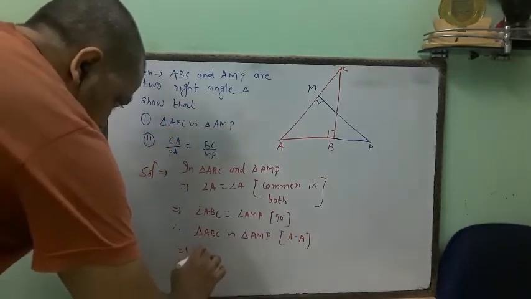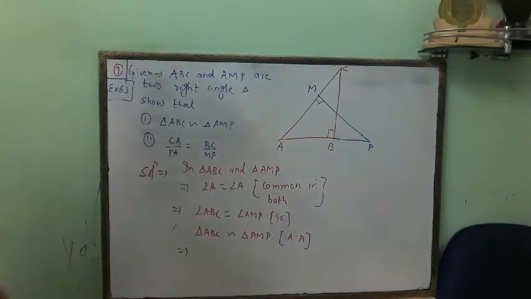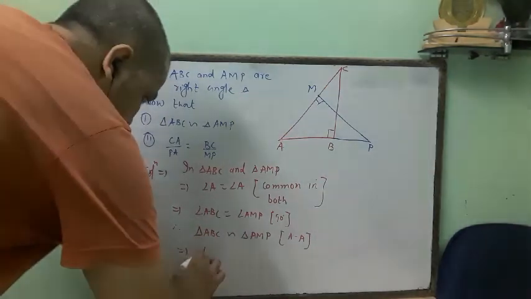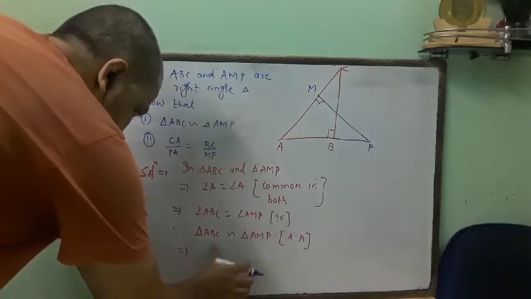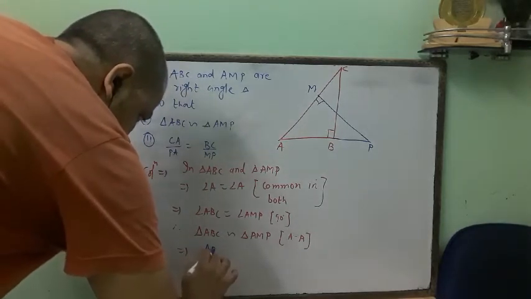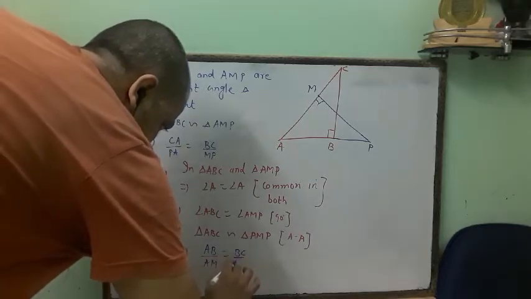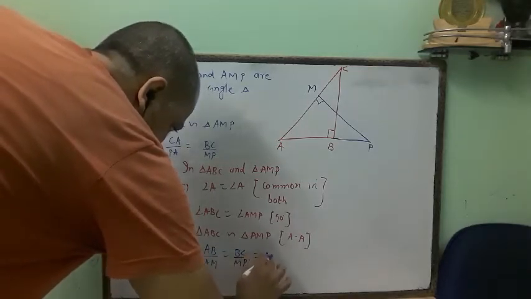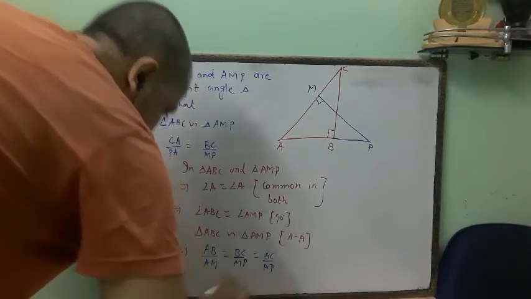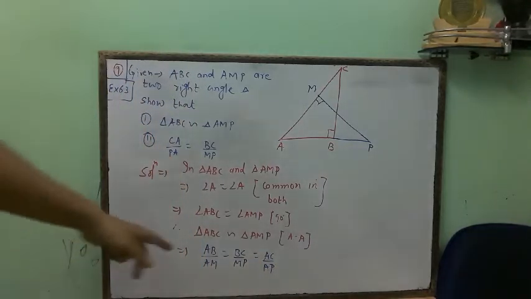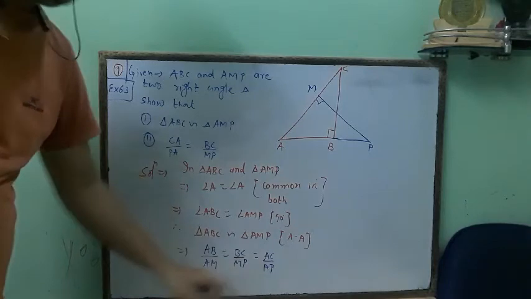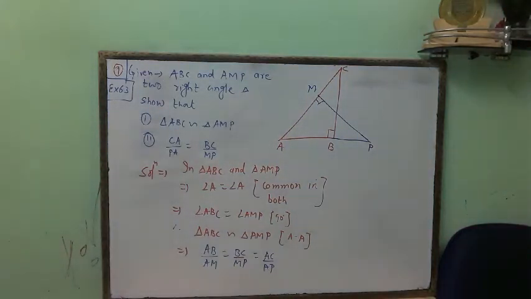Now, by the similarity properties, we make the ratio of the two sides. So we know that AB divided by AM is equal to BC divided by MP is equal to AC divided by AP. Now BC divided by MP is equal to AC divided by AP. So this is the proof.